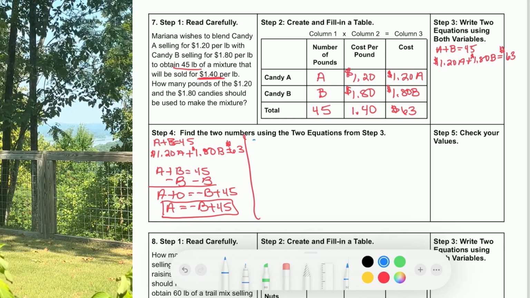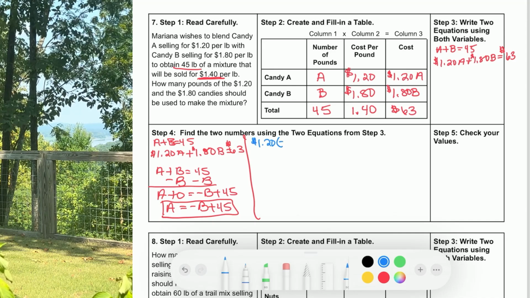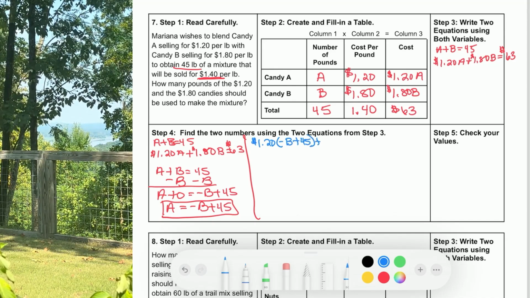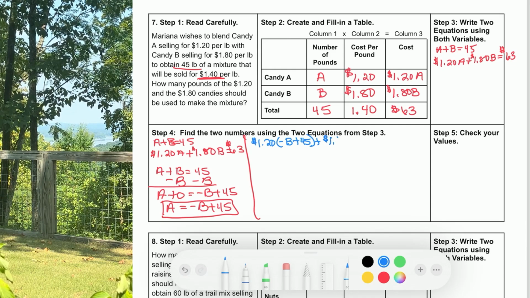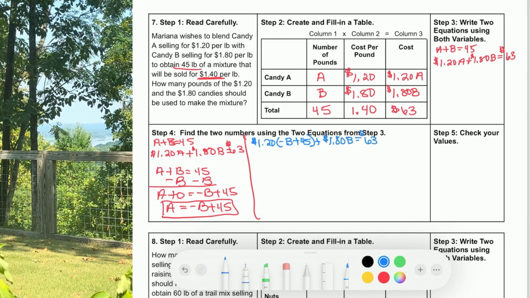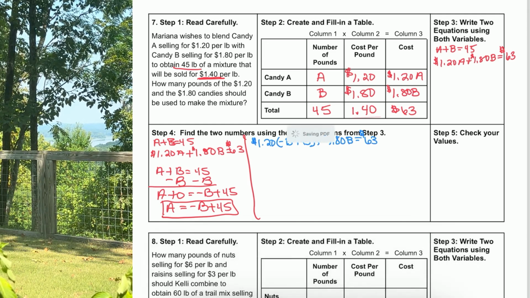All right, so I have $1.20 times negative B plus 45, plus $1.80B equals $63. Now I'm going to distribute through.